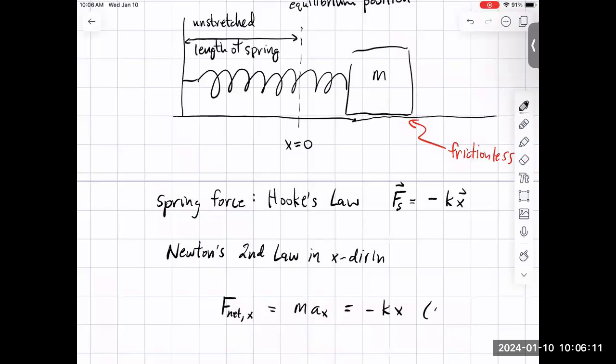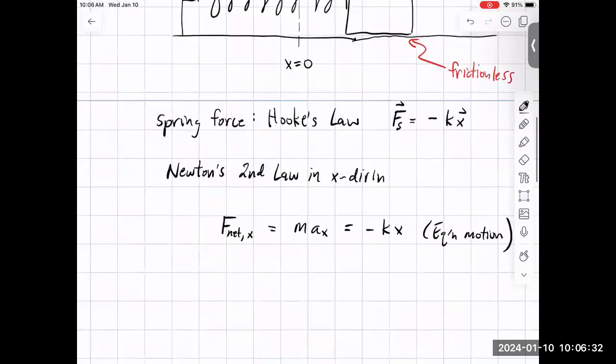So what Newton's second law tells us is the equation that's going to describe the motion of our object. In this case, what we're trying to do is solve for how x behaves as a function of time.